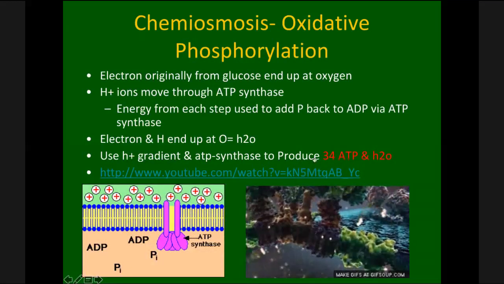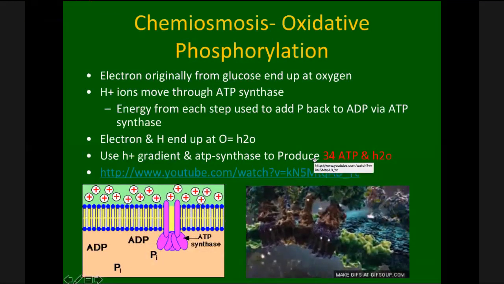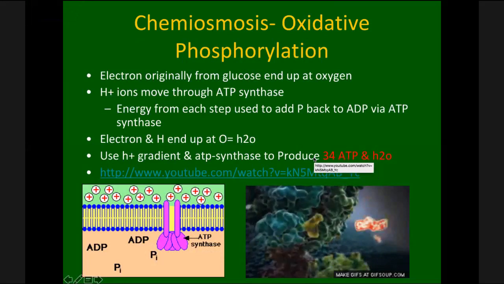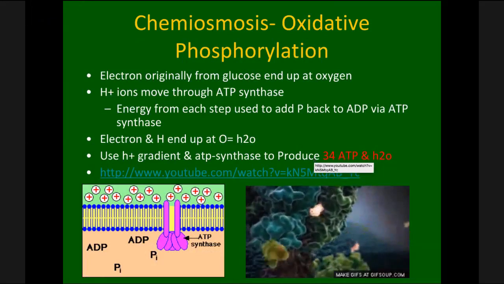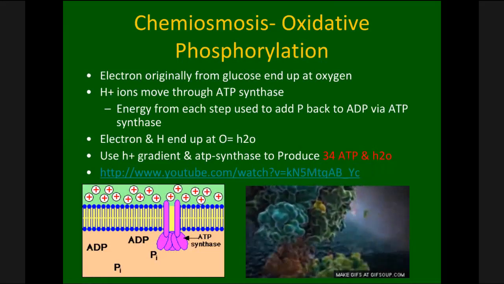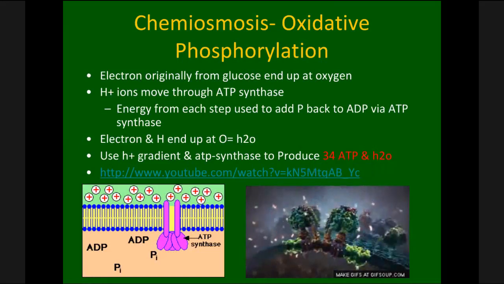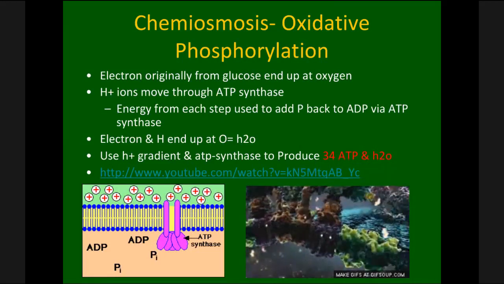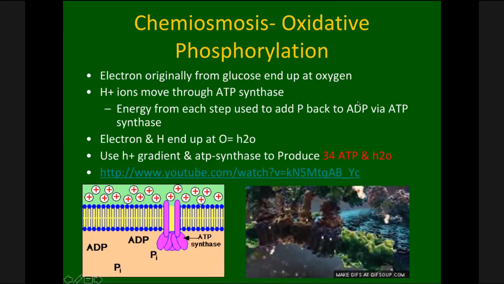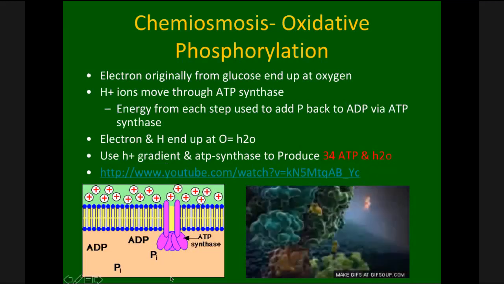All right, and then your last step, chemiosmosis or oxidative phosphorylation, is taking advantage and using that potential energy that was stored in the hydrogen gradient. You're going to open the ATP synthase when you're ready to cycle ATP. Hydrogen ions are going to run down their concentration gradient using diffusion, from high concentration to low concentration.